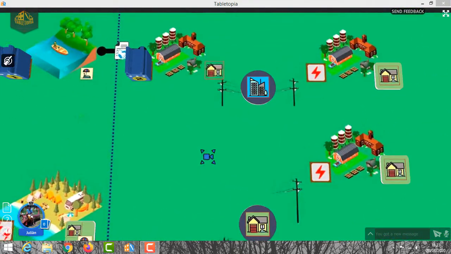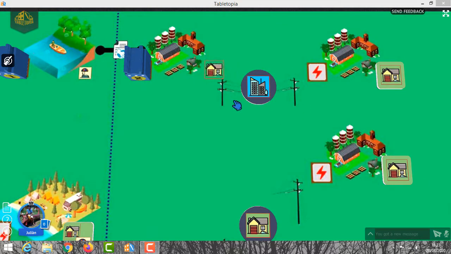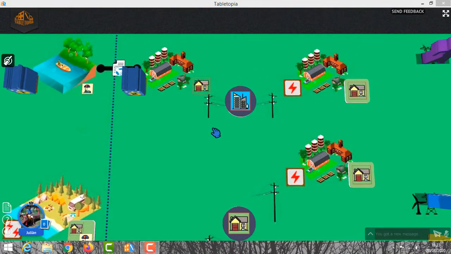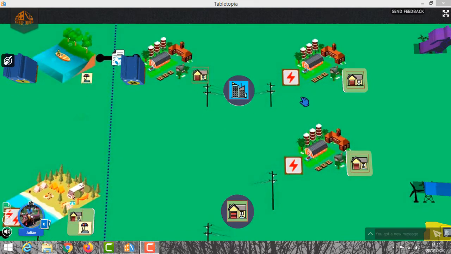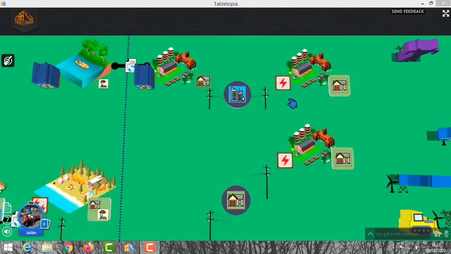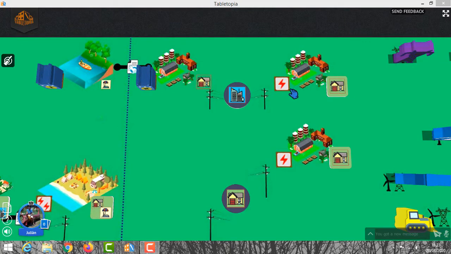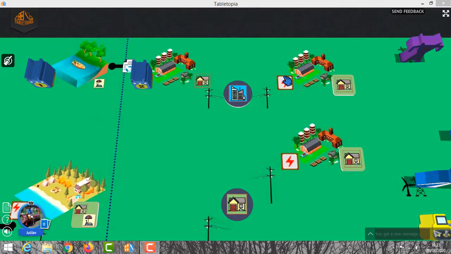So let's see now what these other icons mean, these electric poles here. These electric poles mean that the player that completes this line, in this case the player that fulfills these contracts by placing here his transformer, will be getting the contract and also this bonus.